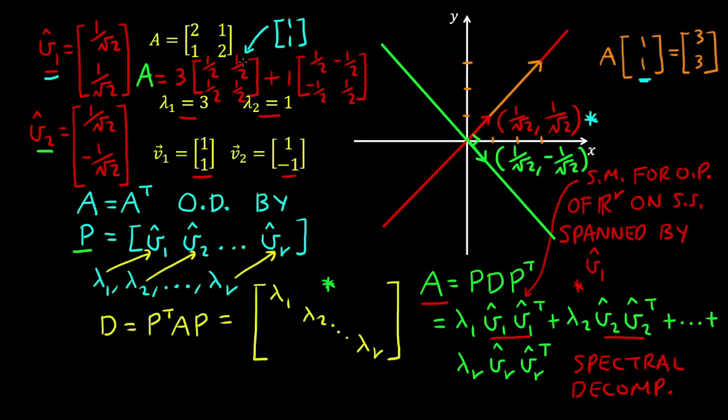So the projection matrix effectively does nothing. So we get 1 half plus a half is 1, and 1 half plus a half is 1. So we get the same vector back. And then if we multiply it by the eigenvalue, that gives our vector 3, 3.